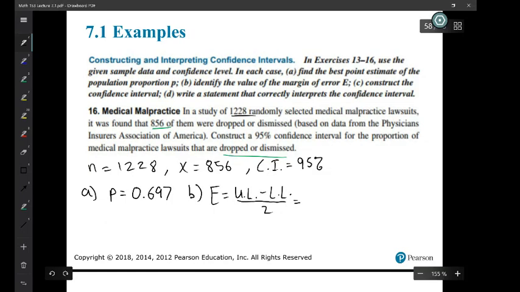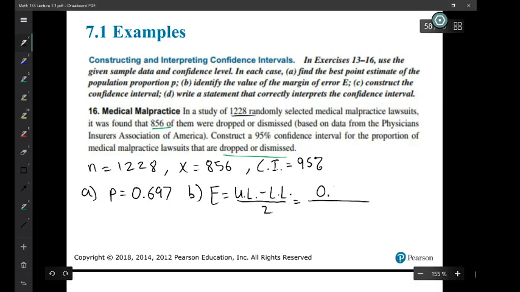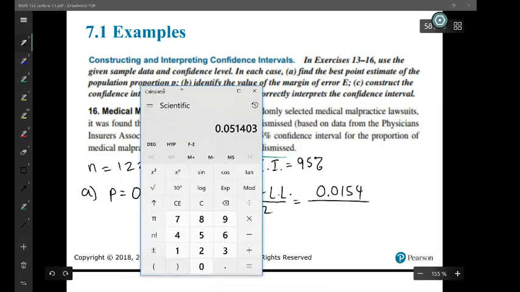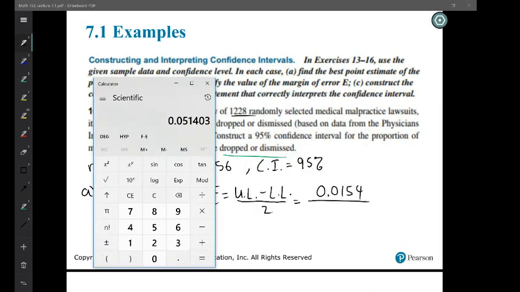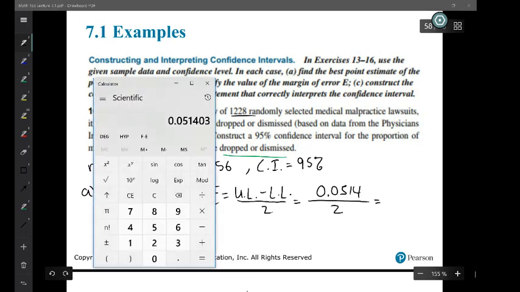So let me write this here. We get 0.0514 divided by 2. So 0.0257.